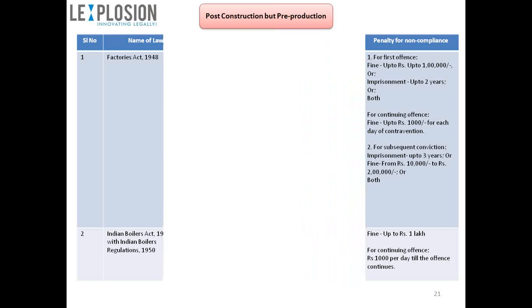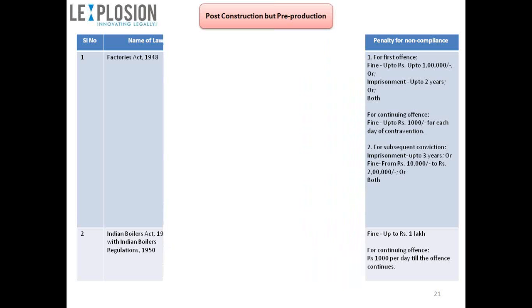You have a compliance under the Water Prevention and Control of Pollution Act. You need to submit the prescribed form along with the applicable fees for the purpose of obtaining consent to operate. So, in addition to the first approval that you sought before you started the construction of the factory, you now need to obtain consent to operate from the Water Prevention and Control of Pollution Board specified under the Act.